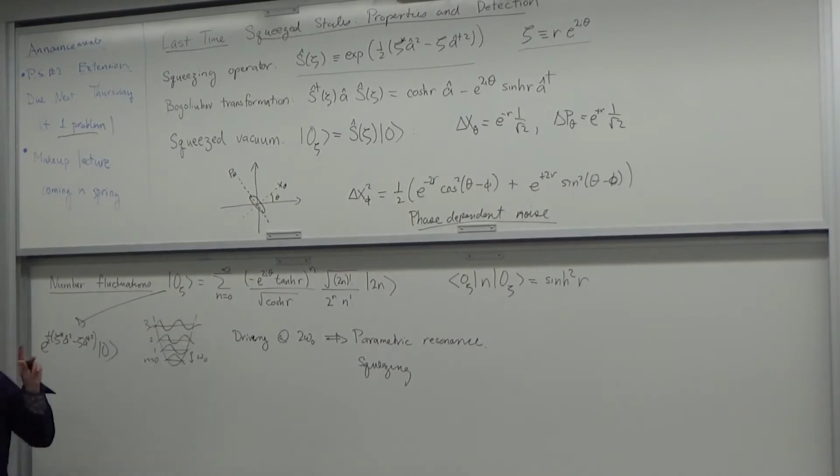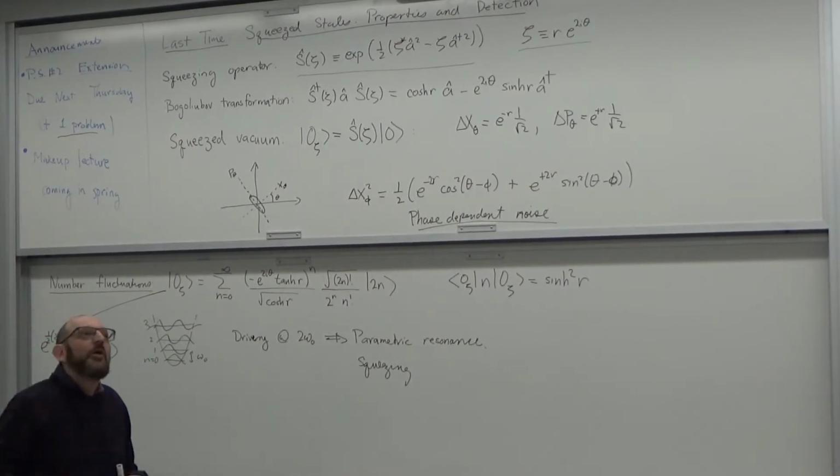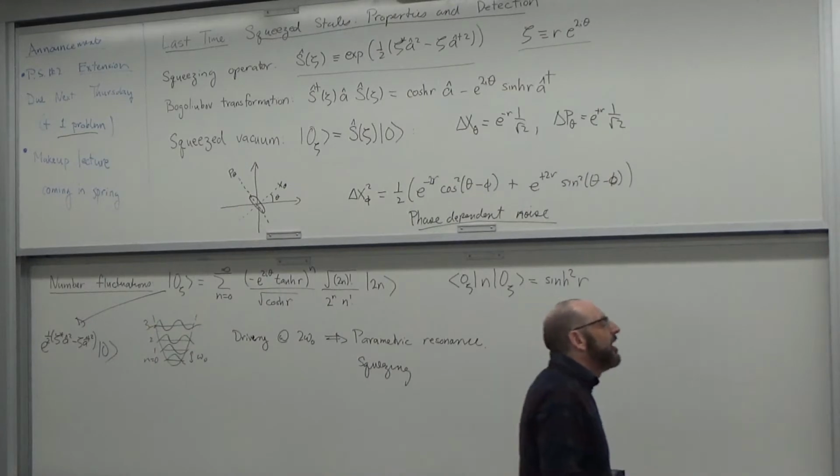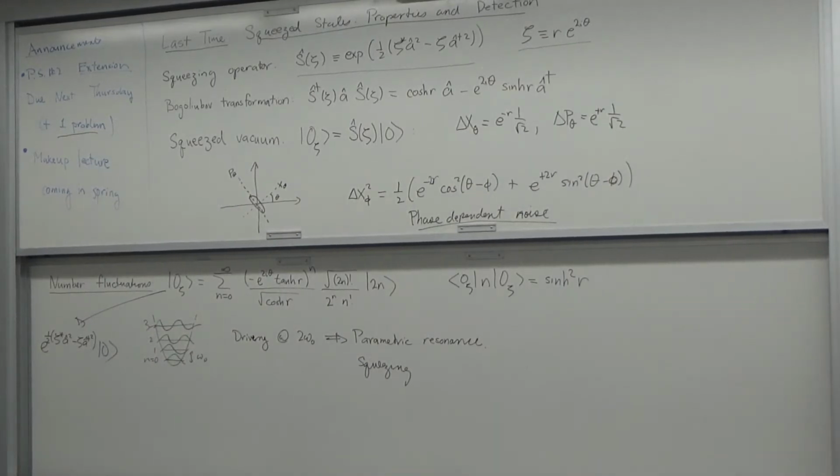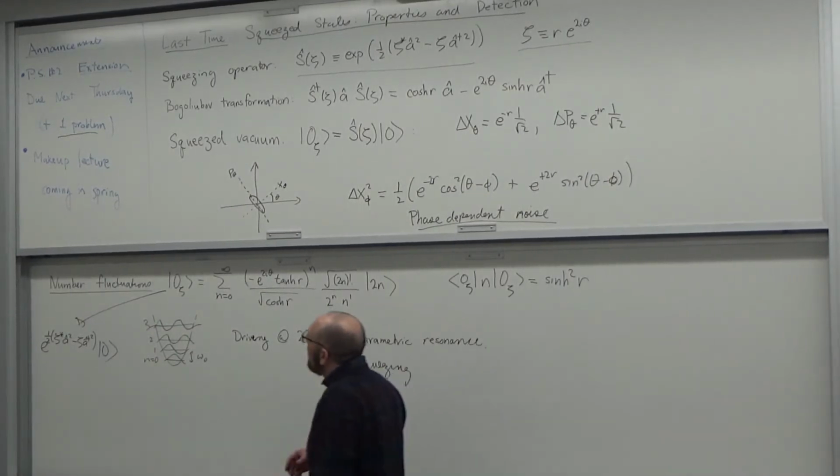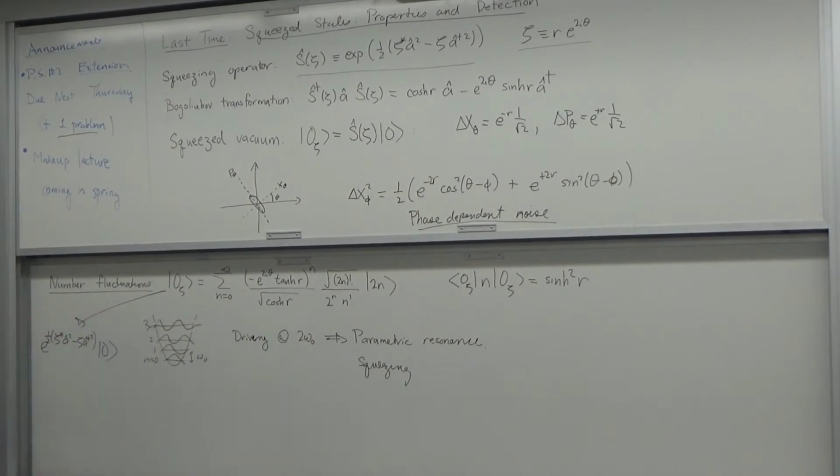That's called a disentangling theorem. It's a general property of what we call Lie groups, of how we think about this set of unitary operators as part of a group. The group is actually known as SU(1,1).